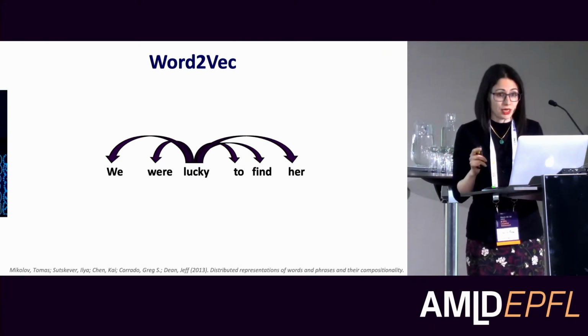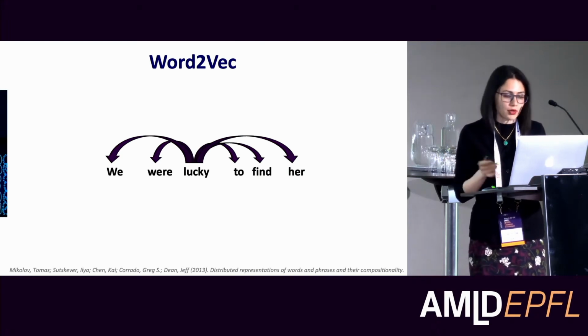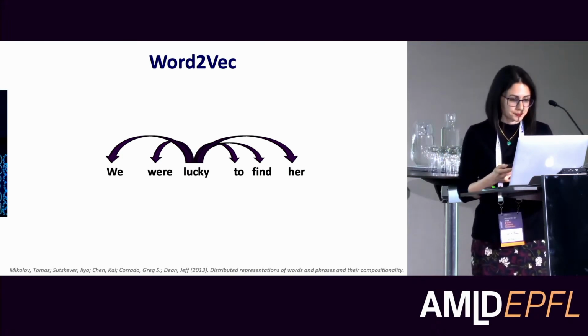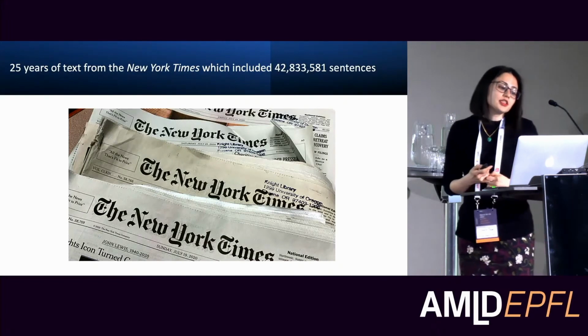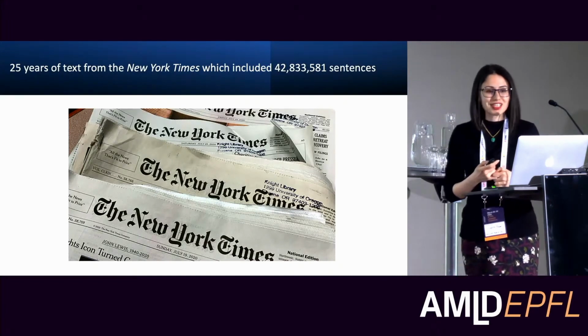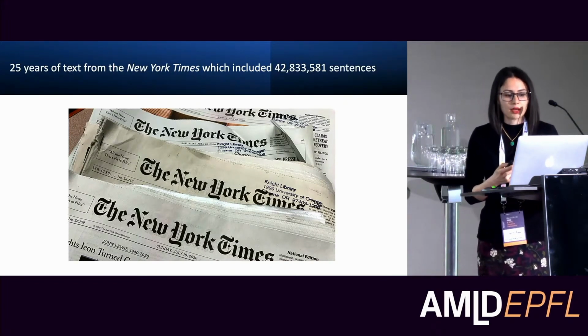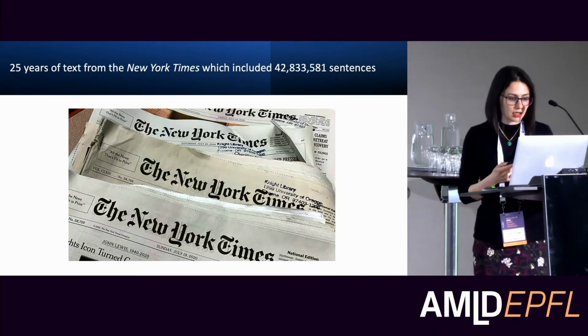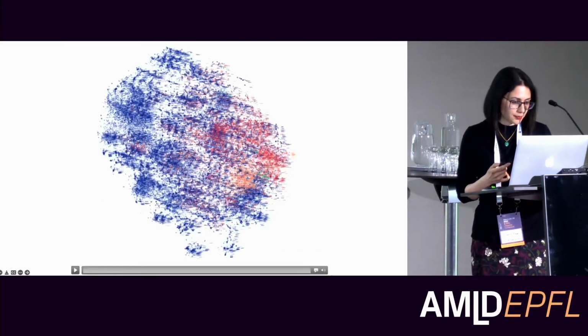The window may differ from 1 word to 5 words. Here it was 5 words. For this study, we used 25 years of text from the New York Times, about 43 million sentences, to create this space.